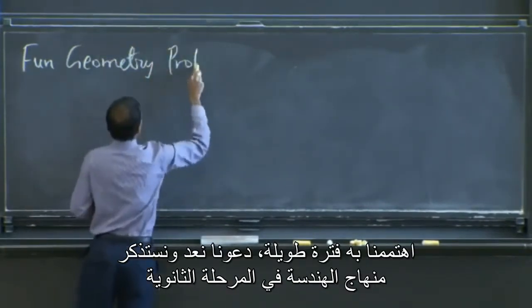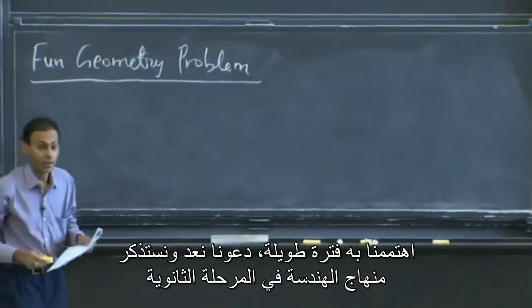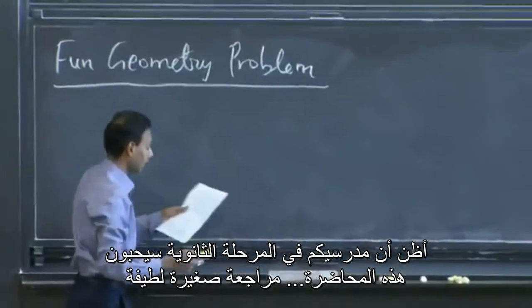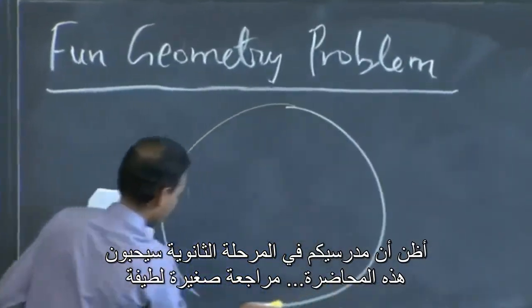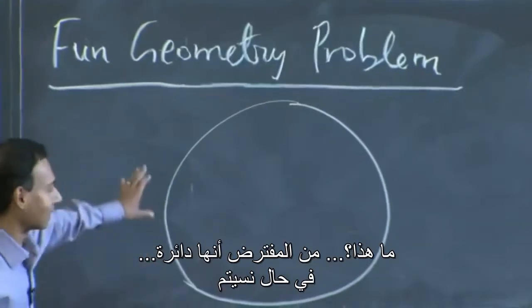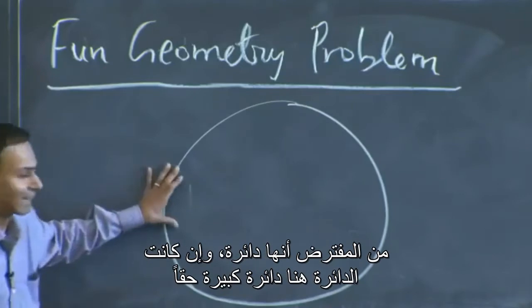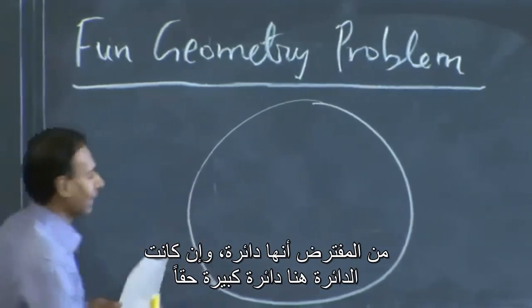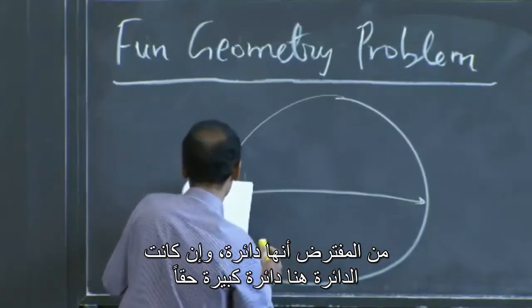Let's go back and remember high school geometry. I think your high school teachers would like this lecture. Nice little review. So what is that? Well, that's supposed to be a circle, in case you had forgotten. And the circle here is a really big circle.